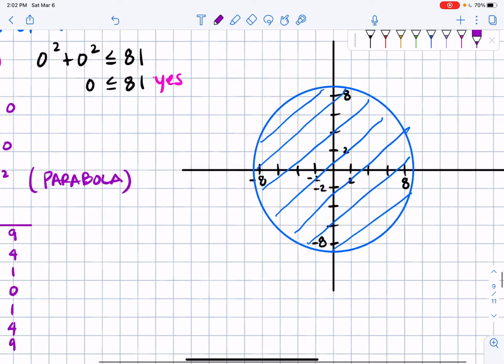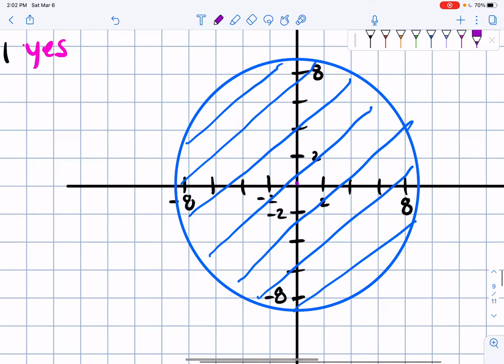So I got 0, 0, I got 1, 1, I got -1, 1, I got 2, 4, -2, 4, and then 3 is going to be 9, and -3 is going to be 9. Okay? So essentially what I have here is this dotted line. That's going to be my parabola.